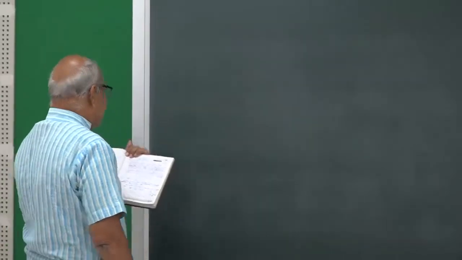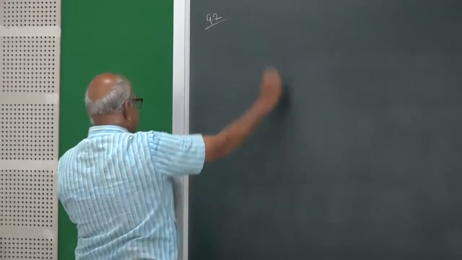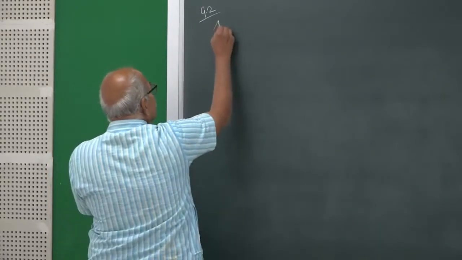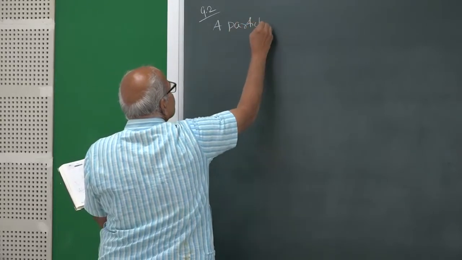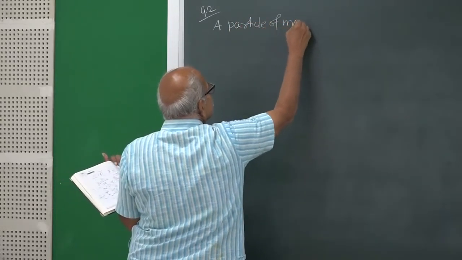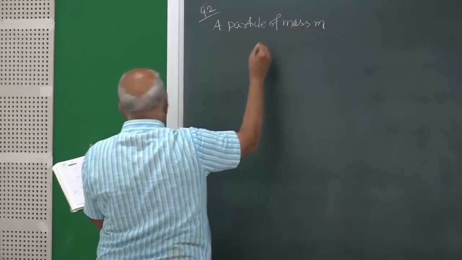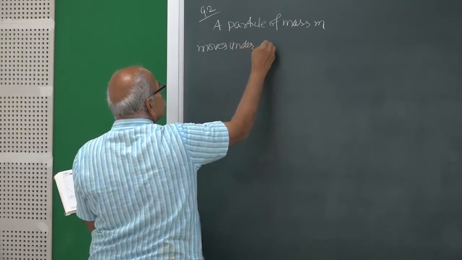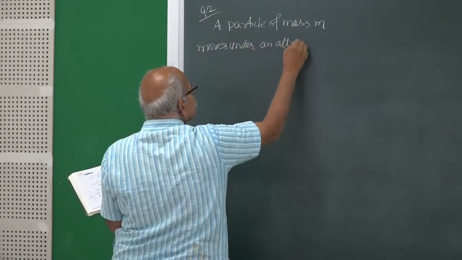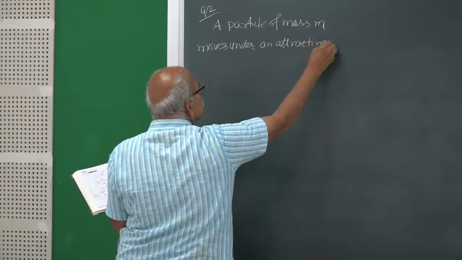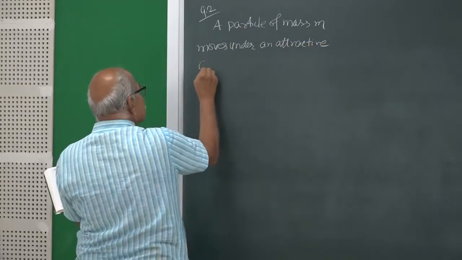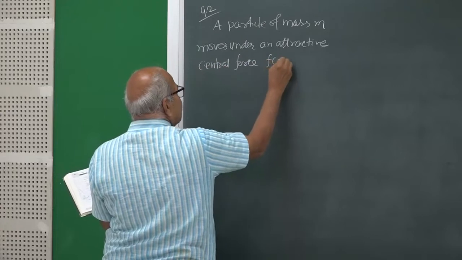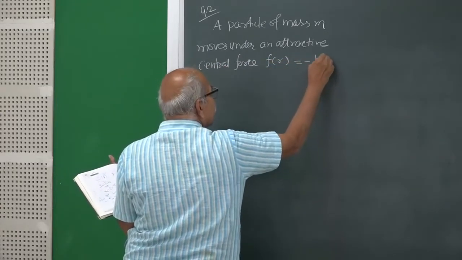And the question is based on 9.2 of our Kleppner-Kolenkow book. A particle of mass m moves under an attractive central force F of r is equal to minus k r cube.